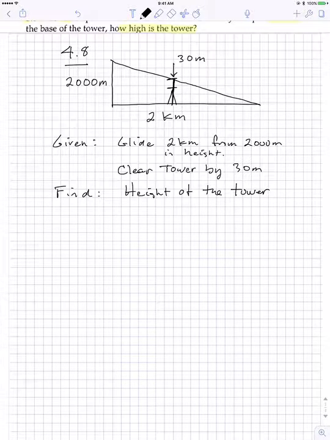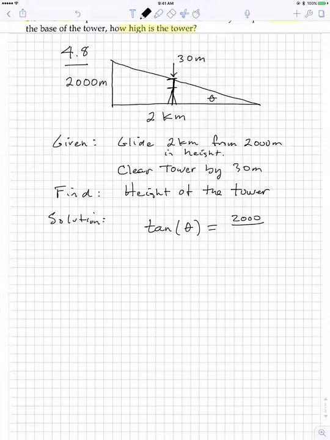All right, so we know from trig that we can come up with the solution for the angle theta, by the relationship that tangent theta is the opposite, so that would be 2,000.